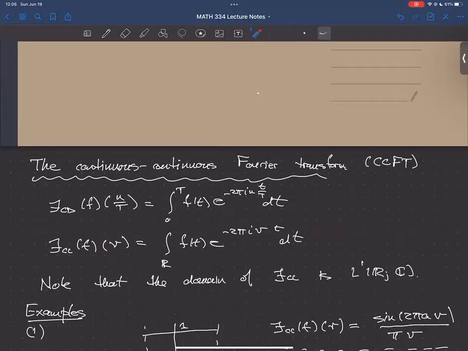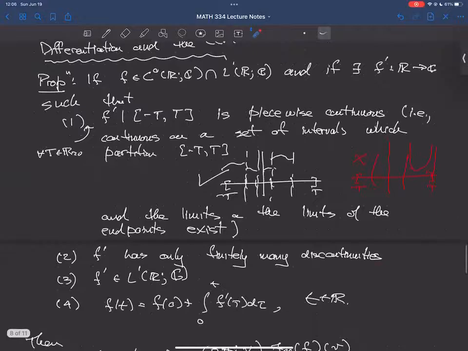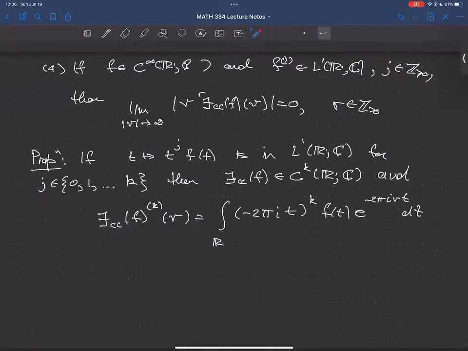You just wince and close your eyes and pull the derivative with respect to nu inside the integral, and you get that formula that I had there. The hypotheses of the proposition are the hypotheses which ensure that you can switch the derivative and the integral. And so that's where this factor of minus 2 pi i t to the k comes from.